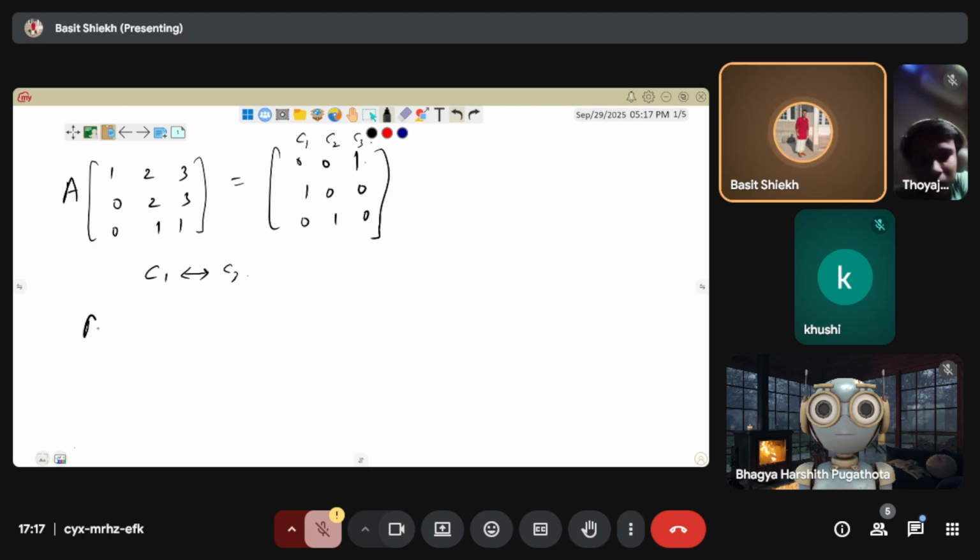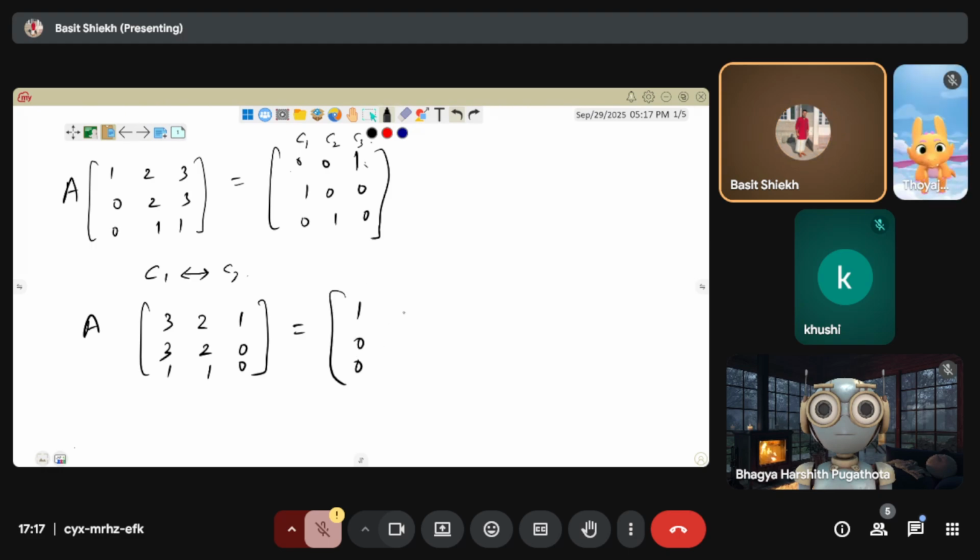So this will become A into [3, 3, 1; 2, 2, 1; 1, 0, 0]. It is not equality here. And on this side we will get [0, 0, 1; 1, 0, 0; 0, 1, 0]. Now it is still not the identity matrix.